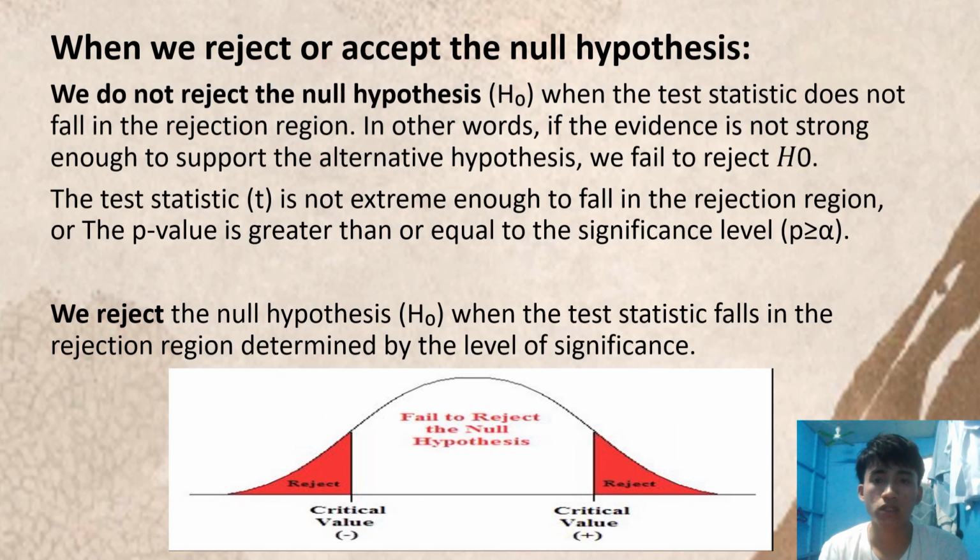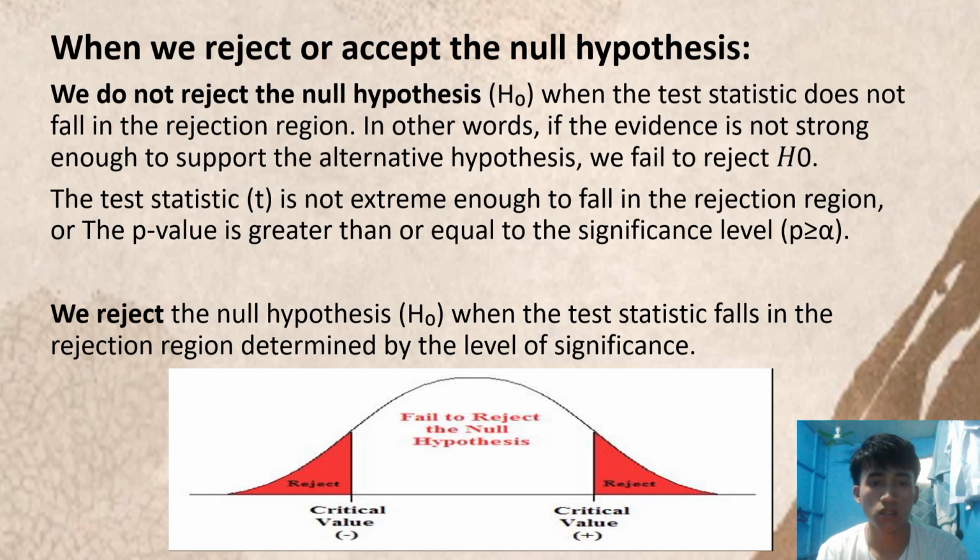One may reject or accept the null hypothesis. We do not reject the null hypothesis when the test statistic does not fall in the rejection region. In other words, if the evidence is not strong enough to support the alternative hypothesis, we fail to reject the null hypothesis.